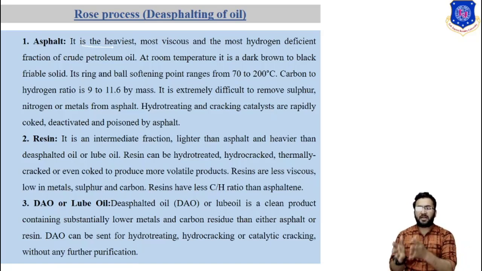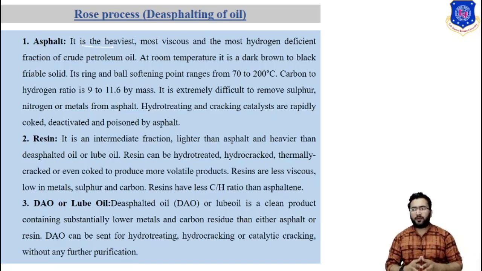Resin has a lower carbon hydrogen ratio than the asphalt and a higher carbon hydrogen ratio than lube oil or deasphalted oil. Now let's discuss the deasphalted oil. Deasphalted oil or lube oil is a clean product containing substantially lower metal and carbon residue than either asphalt or resin. Deasphalted oil can be sent for hydrotreating, hydrocracking or catalytic cracking without any further purification.